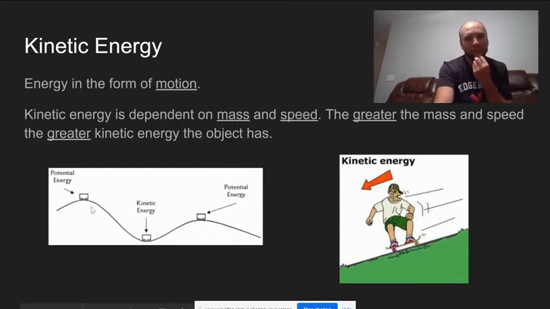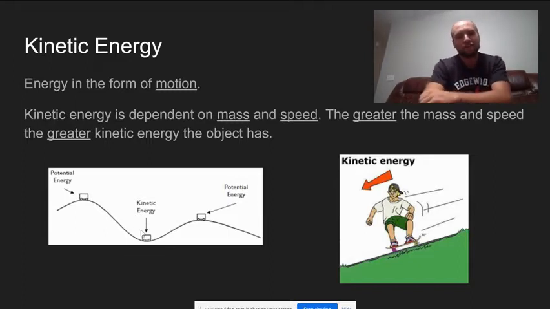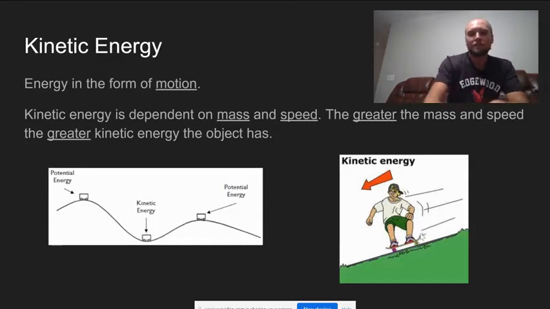As it goes up the hill, it stores that energy, but as soon as it makes it over and starts falling and going really fast before it goes up again, it has kinetic energy. It has energy that's being used. Same thing if you're skateboarding or longboarding down a hill or biking down a hill. As you're going down, you're using more kinetic energy because you are in greater motion.